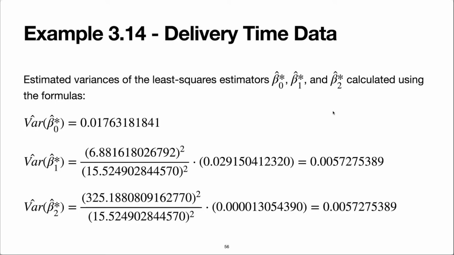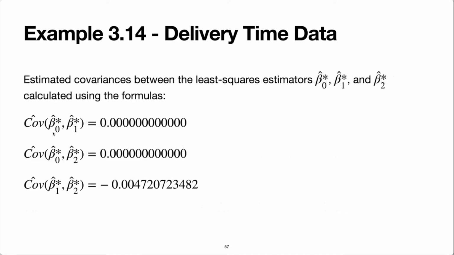All right. And then finally, doing the calculations, the estimated covariance of beta 0 star hat and beta 1 star hat is equal to 0, as is the estimated covariance of beta 0 star hat and beta 2 star hat. The estimated covariance of beta 1 star hat and beta 2 star hat is negative 0.004721 approximately.